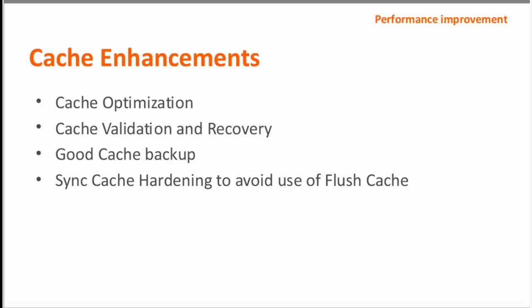So instead of preload, you can use that good copy of cache. For this, we introduced a log file in the cache directory which tells us the status of our cache. If you see the shutdown underscore completed status, it means our cache is good, and we can use that cache for recovery.